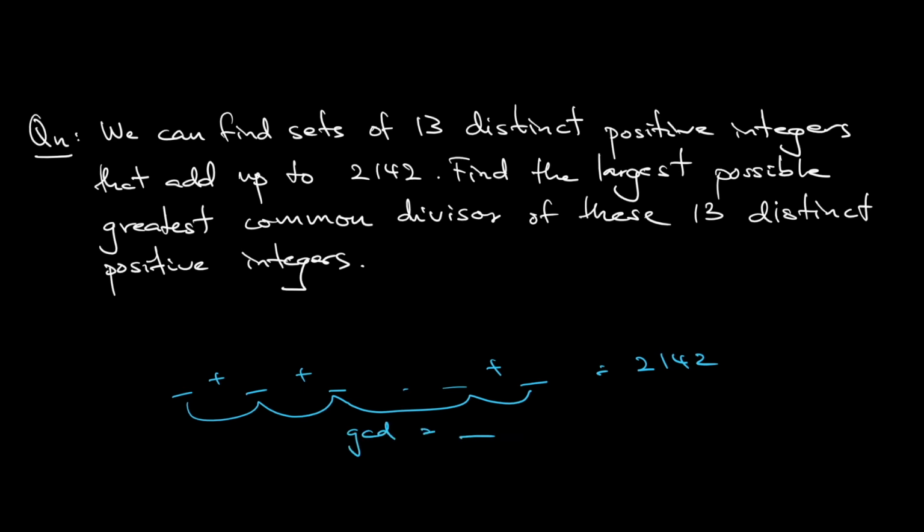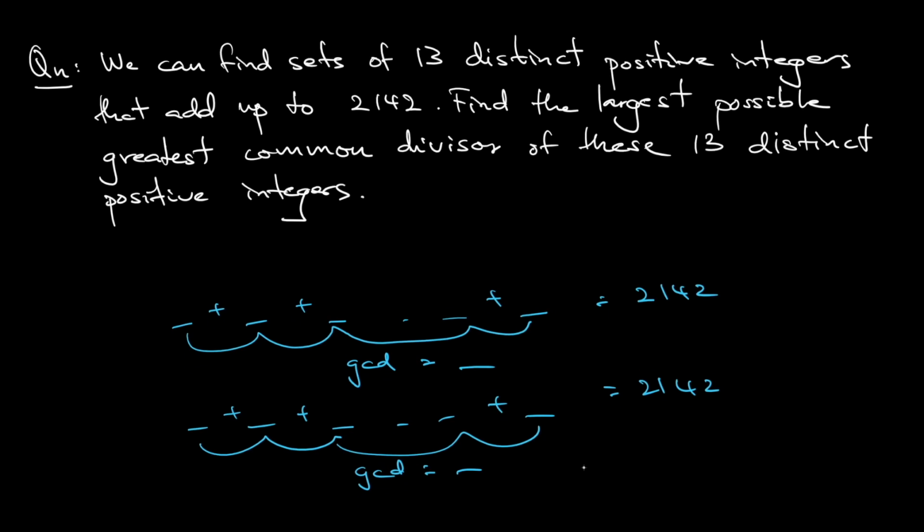Then you also have another way of adding to get the same 2142. The GCD of this would be something. So the question asks, what is the greatest GCD that you can have here? Of course, this is still 13 numbers, added together is still 2142. So let's try this question together.